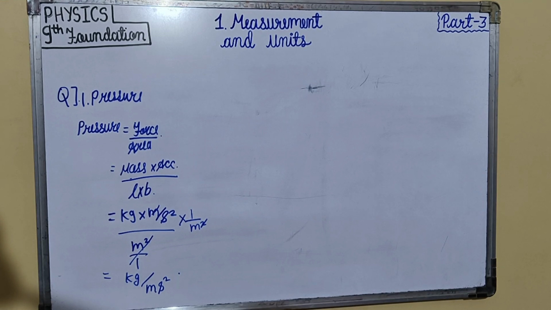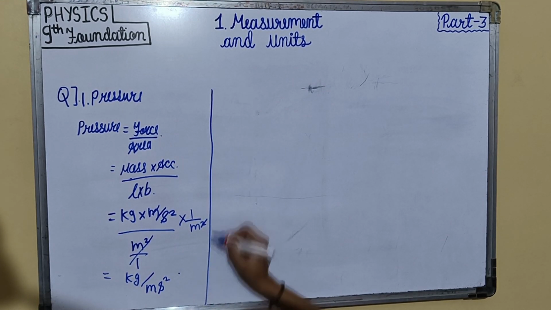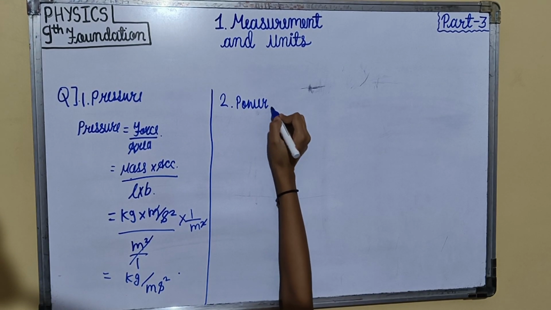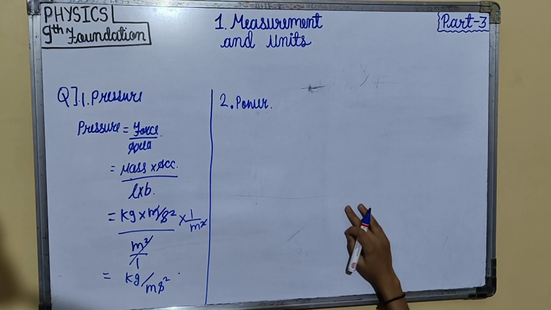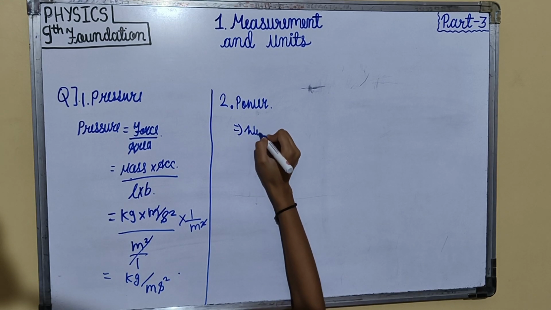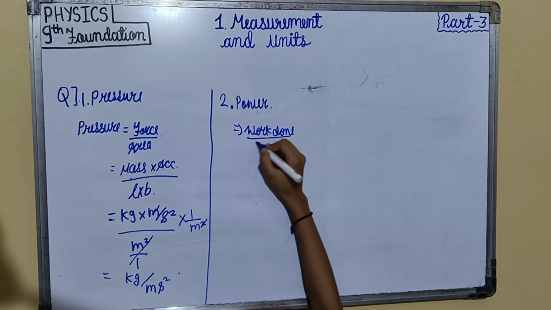Another is power. Second one is power. Now, power is equal to work done upon time taken.